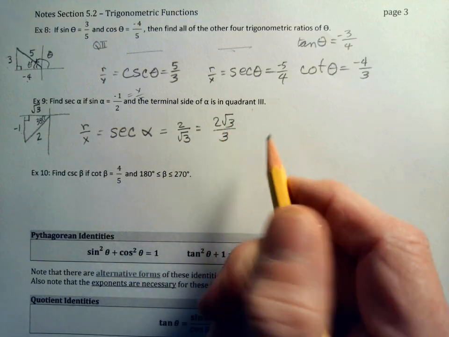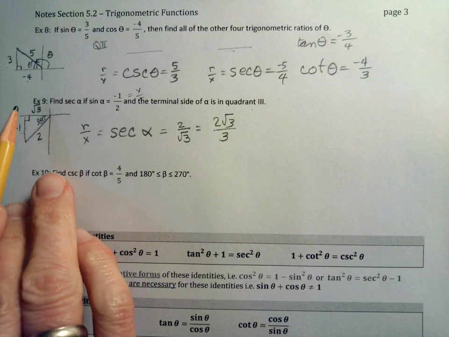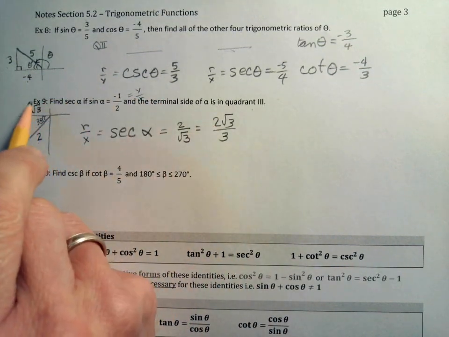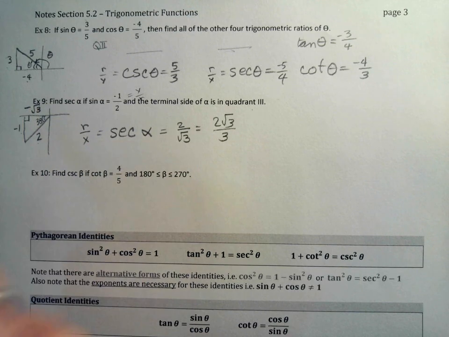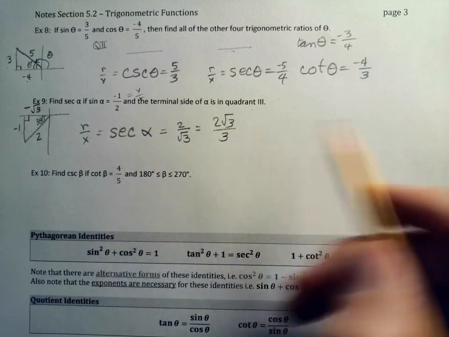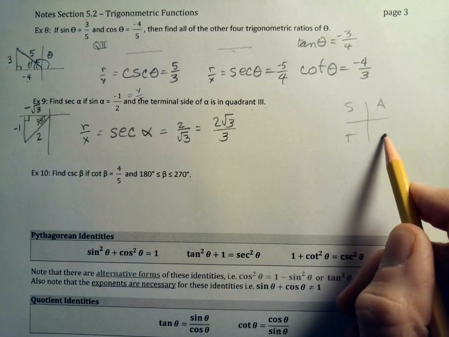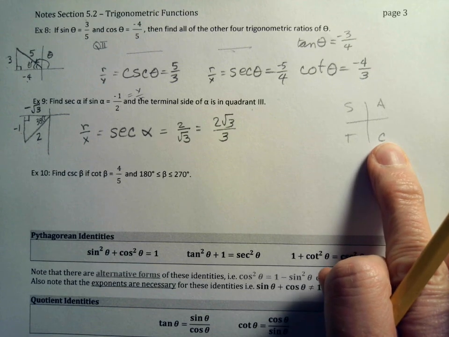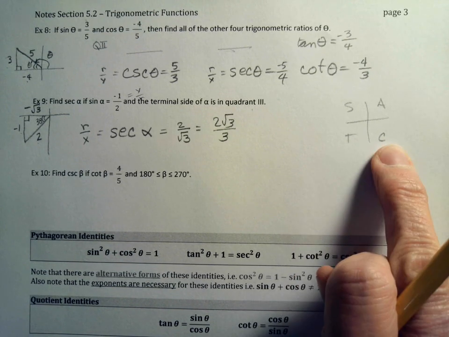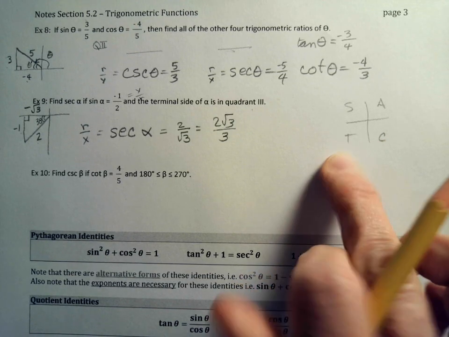Now, you have to be careful. They didn't give us the third side. We found it, but you have to realize that that is negative. And if you don't, then just think about secant: all students take calculus. So cosine and secant are the same, and it's positive in the first quadrant, but in the third quadrant, this is negative.